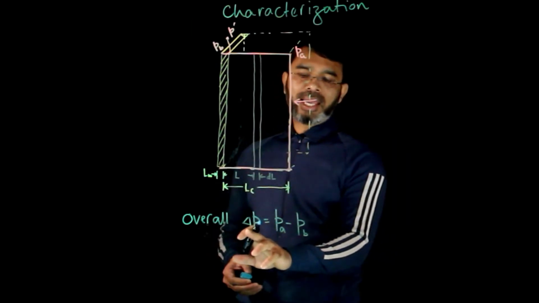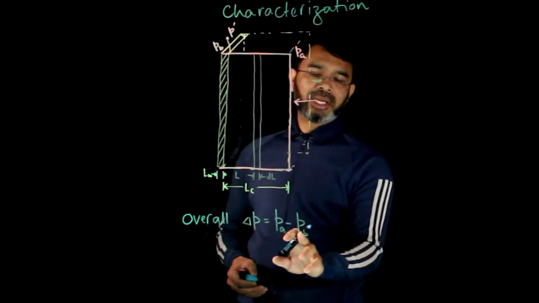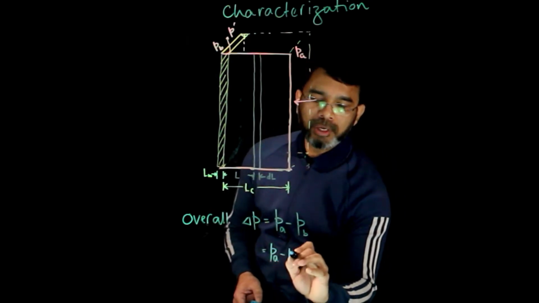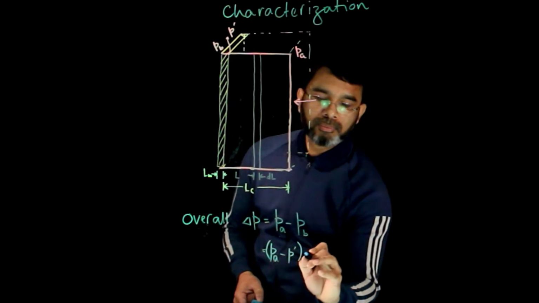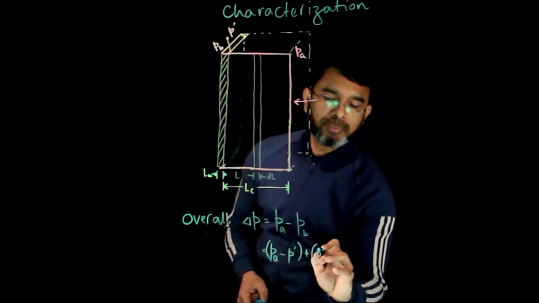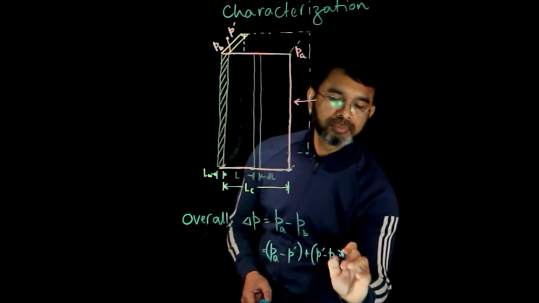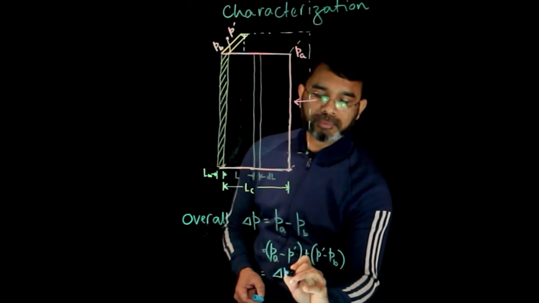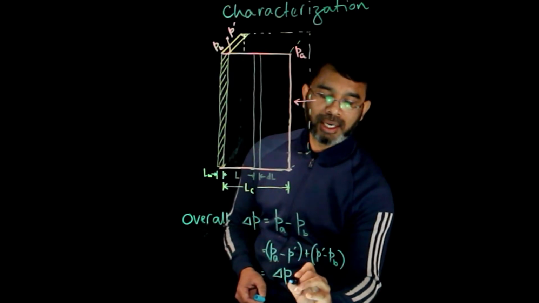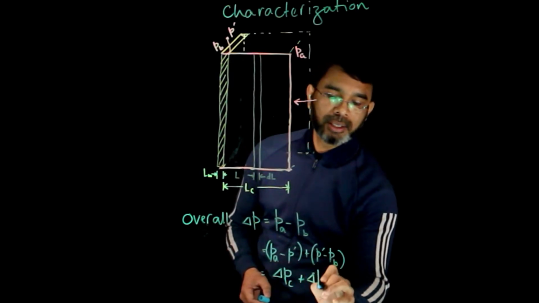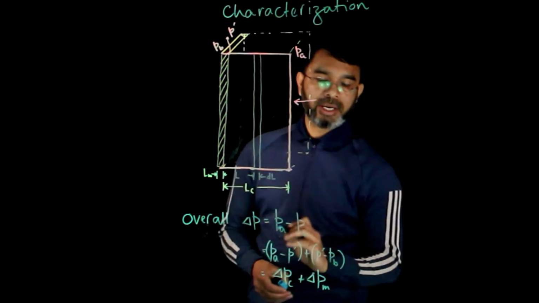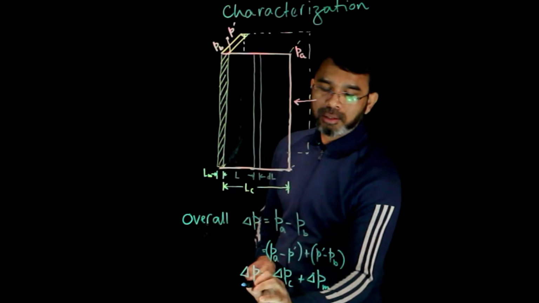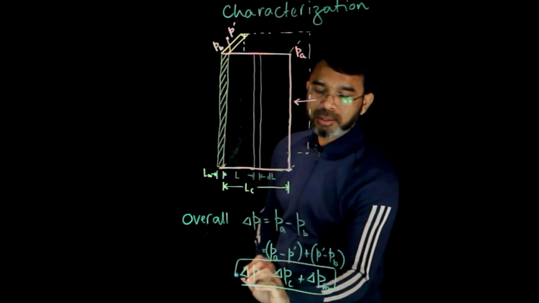So PA minus PB, if I write it as PA minus P prime plus P prime minus PB, gives you delta P in the cake plus delta P in the filter medium. So just keep in mind the delta P formulation for the overall process.